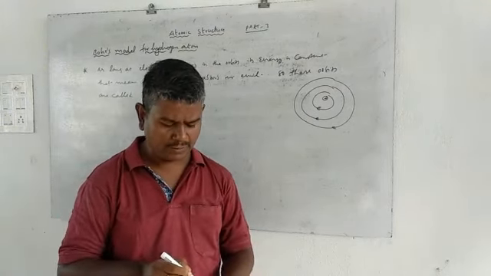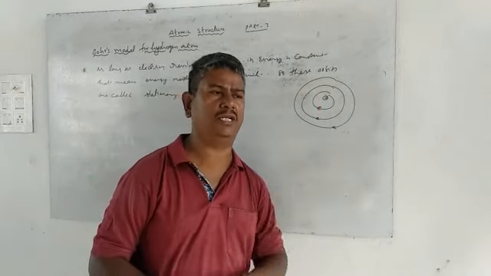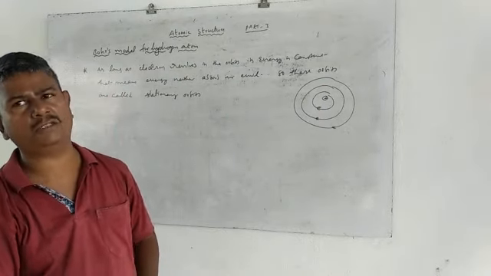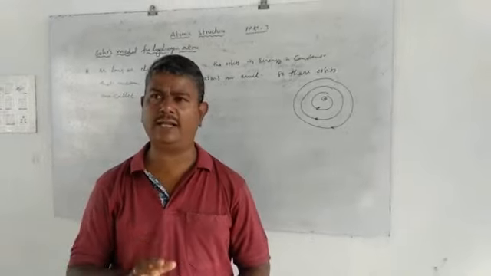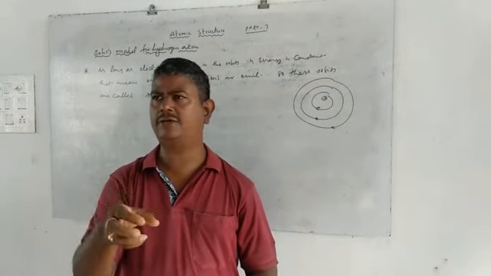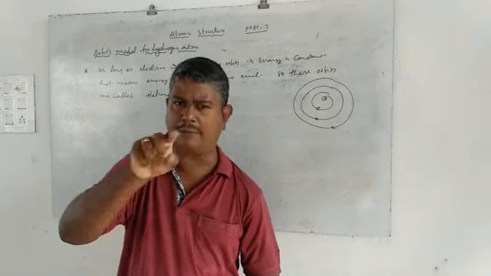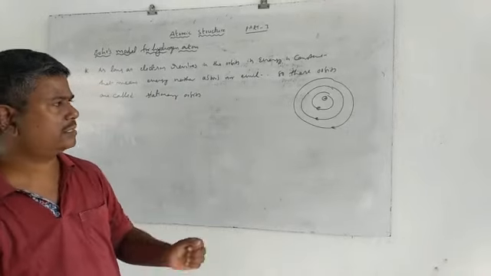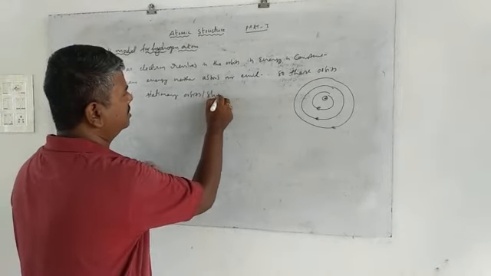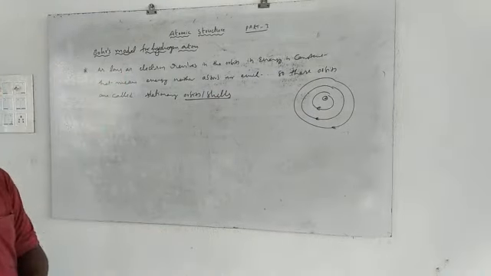So the energy of that orbit remains constant, which means the energy of the electron in that orbit is also constant. That's why those orbits are called stationary orbits or stationary shells. Next one.